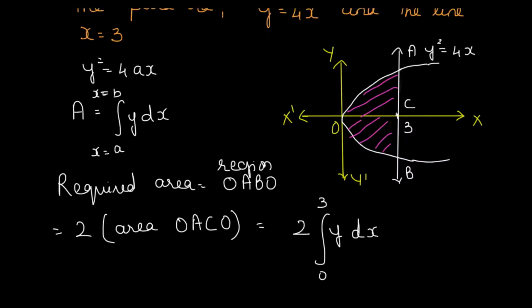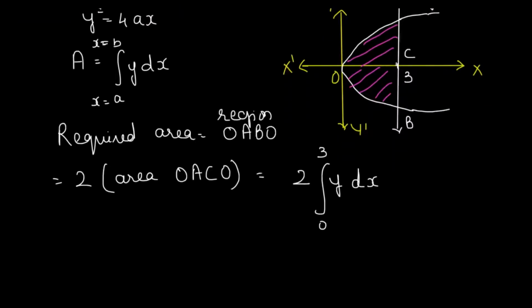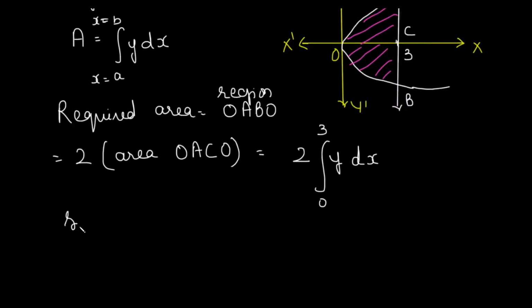Now what about y? Do we have the information of y? Yes, we do have it, because we know that y square is equal to 4x is the equation of the parabola. From this we can find out what is y. So we write, since y square is equal to 4x, therefore y is equal to 2 root x, square root.